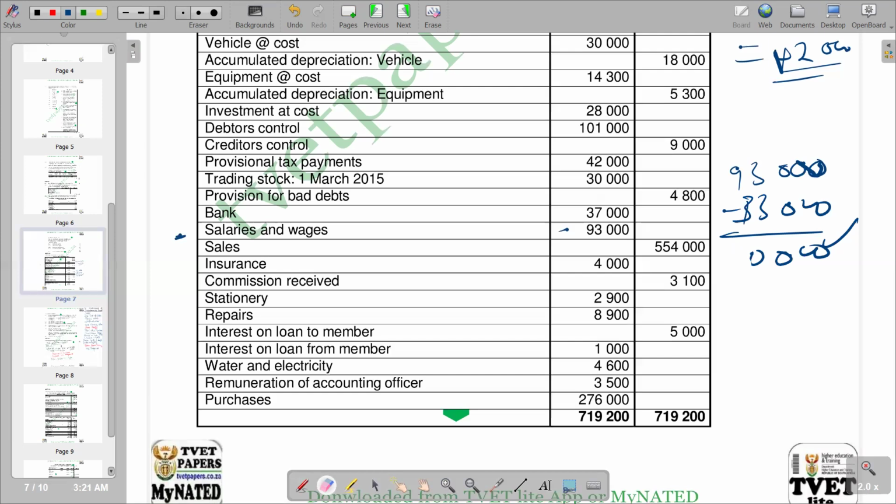So we show it as 60,000 for salaries and wages. Then we disclose the other separately.